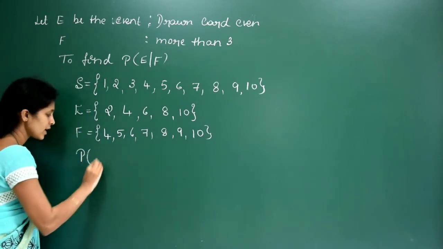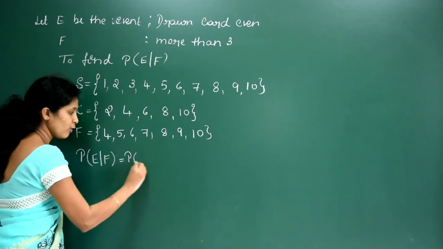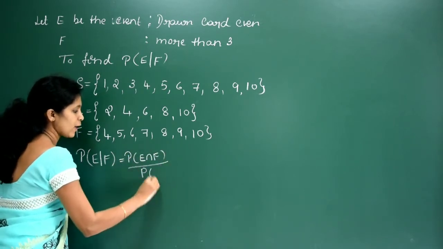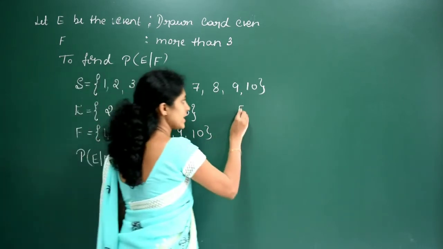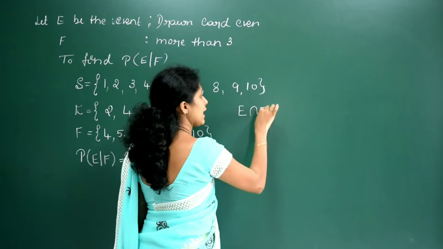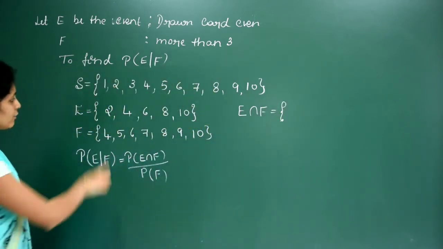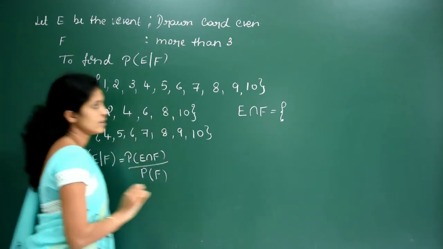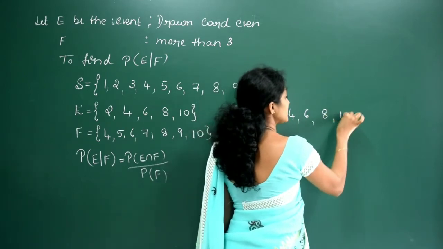P of E by F is equal to P of E intersection F divided by P of F. For that we need to find E intersection F, the common elements in both E and F. 2 is not there, so 4, 6, 8 and 10.